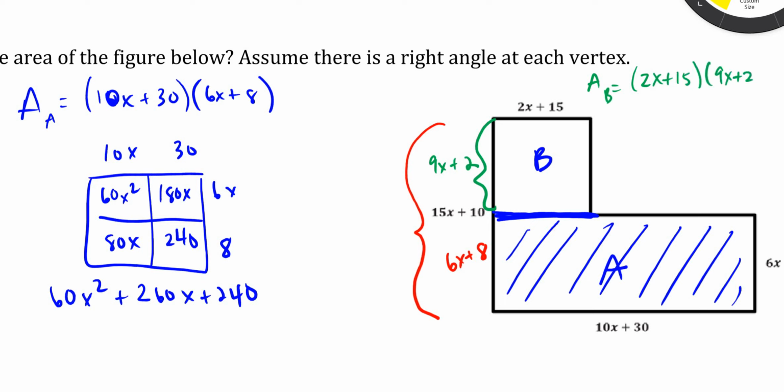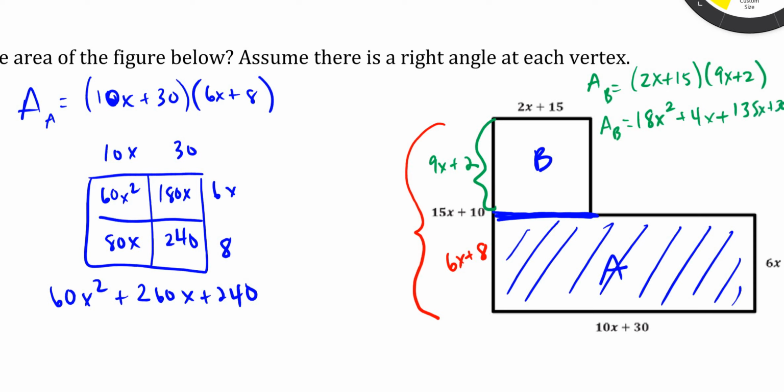So for the area of B, which I'll do over here since I don't have a ton of room left, I have 2x plus 15, and I have 9x plus 2. If I do my distributing this time instead of doing the box method, I get 18x squared plus 4x plus 9 times 15. That I might actually need a calculator for.